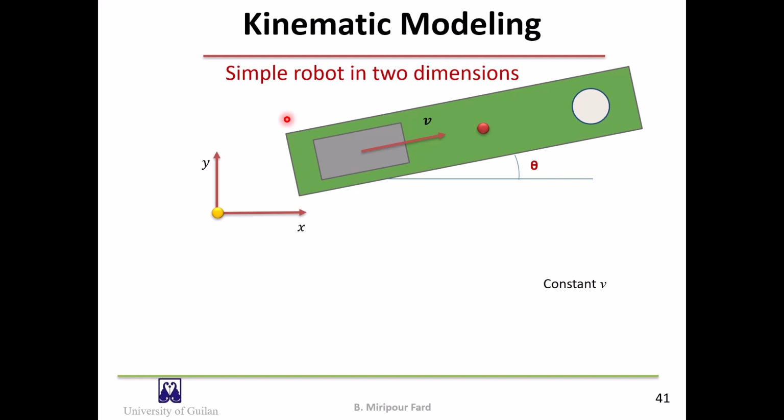For the forward kinematics of this robot, we can simply write delta x equals integral from 0 to t of v cosine of theta dt. And if we consider a constant v, we can solve this integral and obtain t times v times cosine of theta for x.